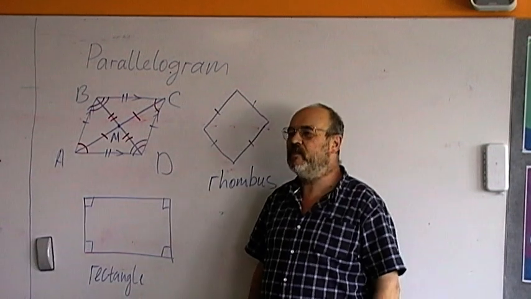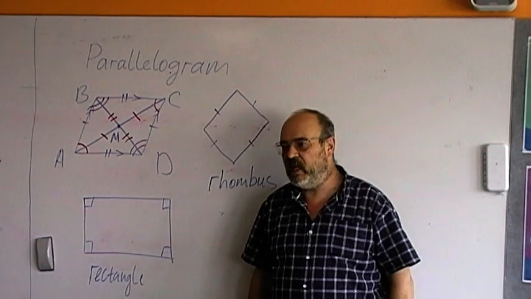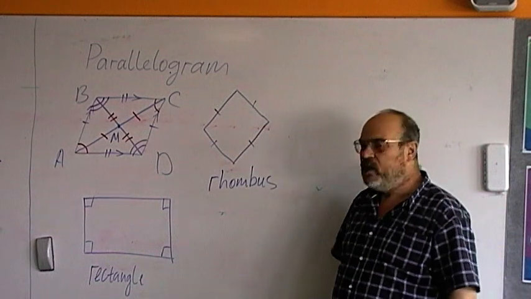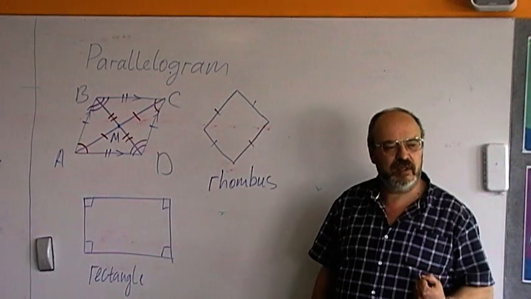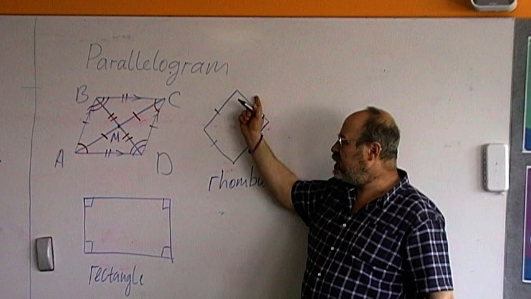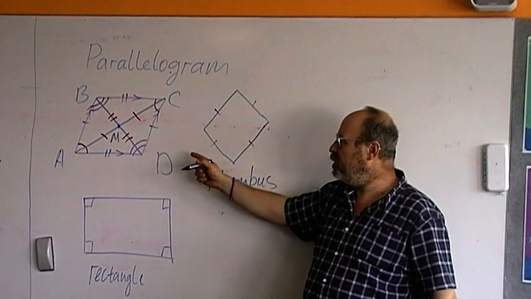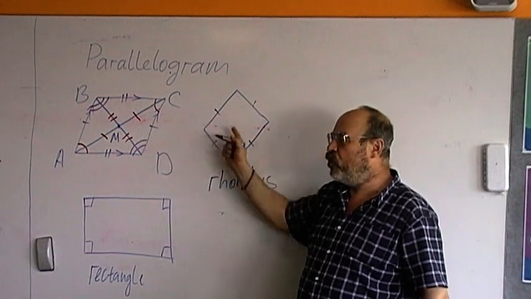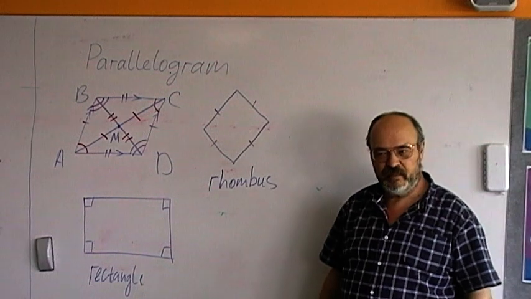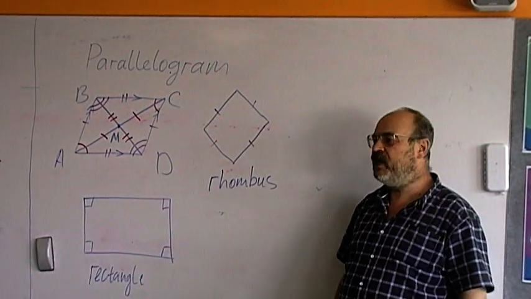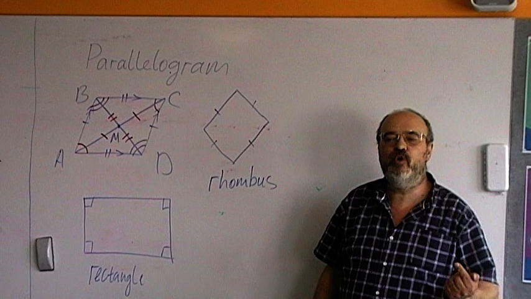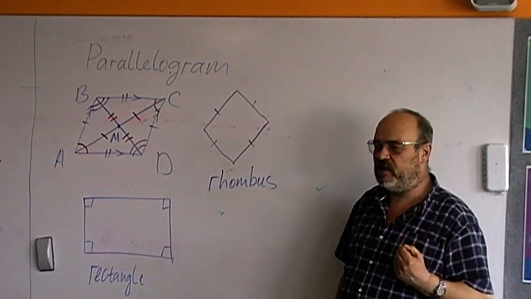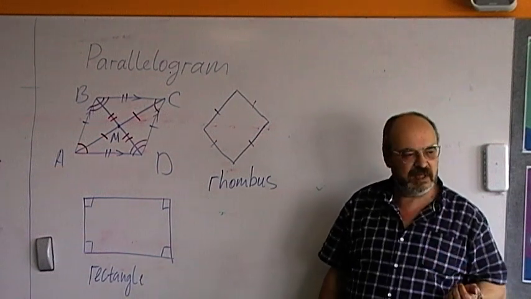What's the proper mathematical name is rhombus. So each rhombus is a parallelogram. Its opposite sides are equal and parallel. Its opposite angles are equal. And its diagonals bisect each other. But on top of all features of parallelogram, rhombus has one extra feature.